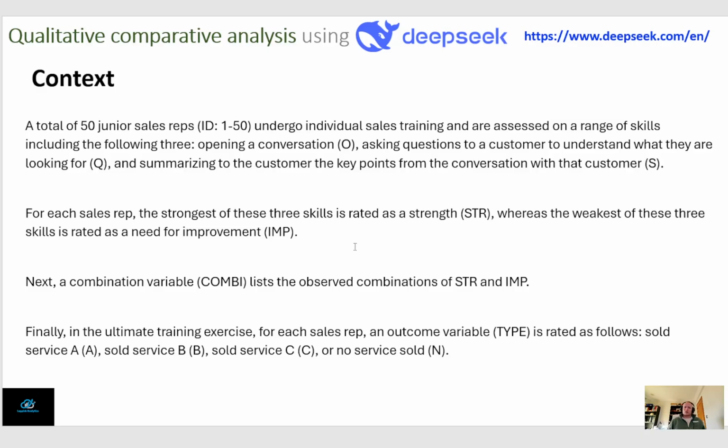I will show that in a minute. Finally, in the ultimate training exercise, for each sales rep, an outcome variable, type, is rated as follows: sold service A, sold service B, sold service C, or no service sold, and that would be denoted by the letter N.